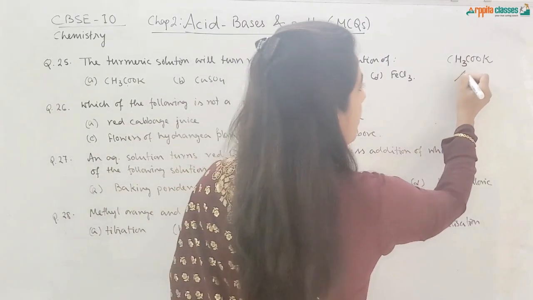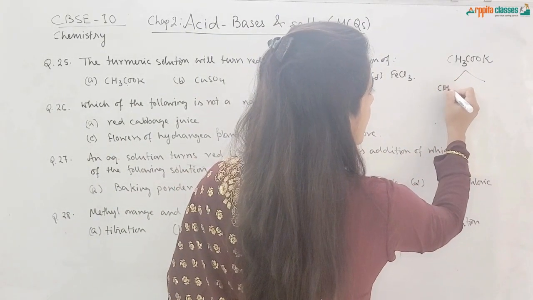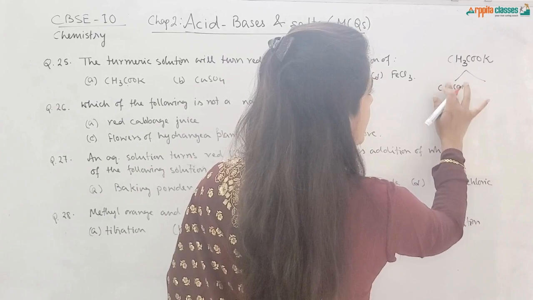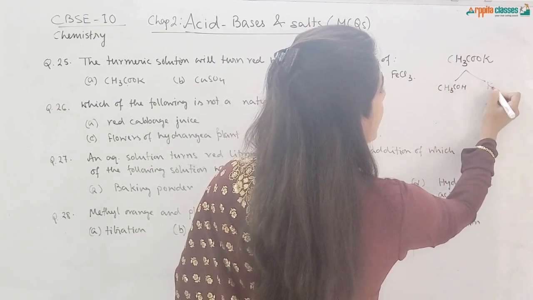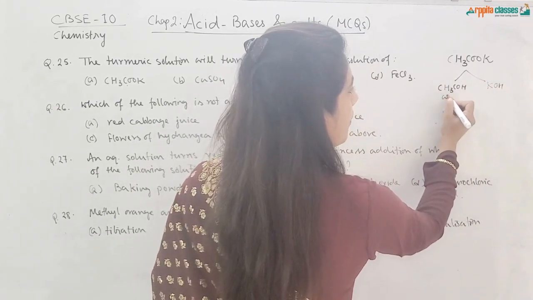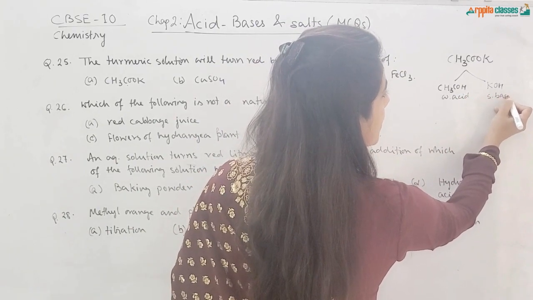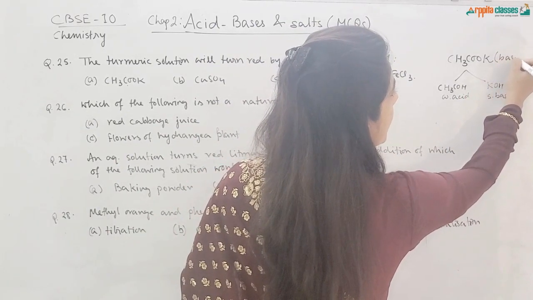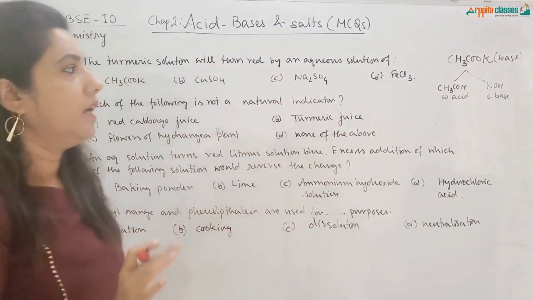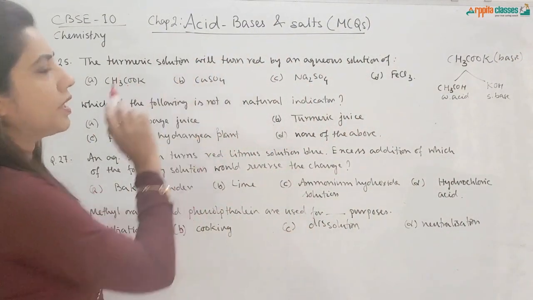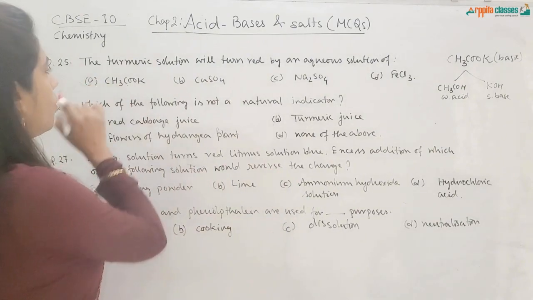Now this is made up of CH3COOH, that is acetic acid, and KOH. So this is a weak acid and this is a strong base. So this salt will be basic in nature. So we got our answer, that is turmeric solution will turn red in CH3COOK.